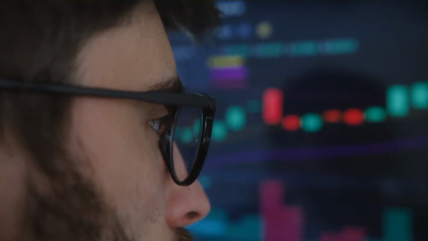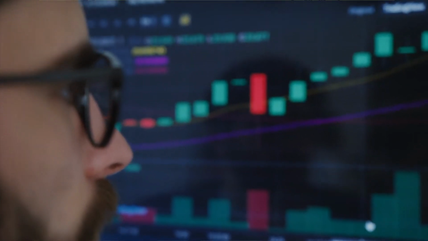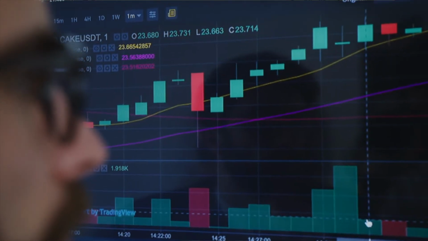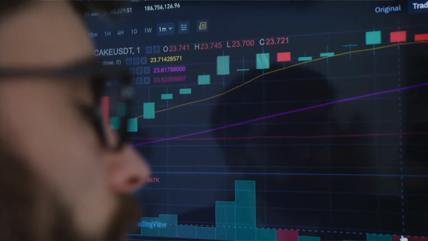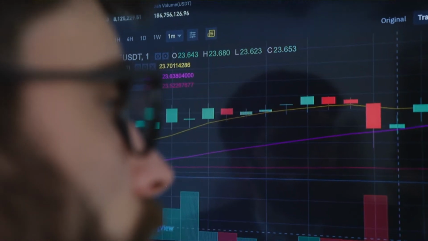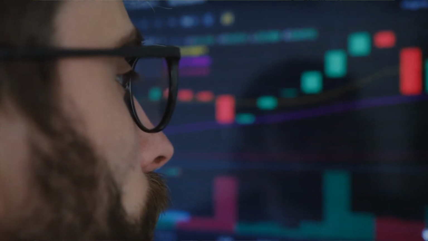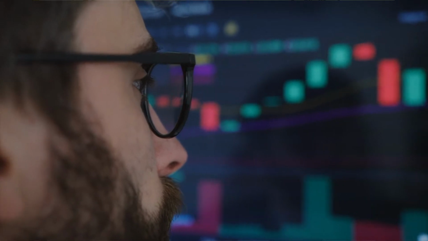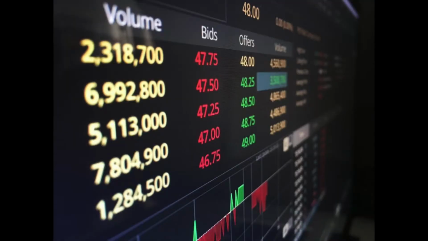The transaction costs are one of the main reasons why day trading is in fact a negative sum game rather than a zero sum game. The transaction costs are hidden from day traders because they're included in the bid-ask spread for the most part. As you know, there is always a difference between the price that you pay for stocks when you buy them, in other words, the ask price, and the price that you receive when you sell them, in other words, the bid price.